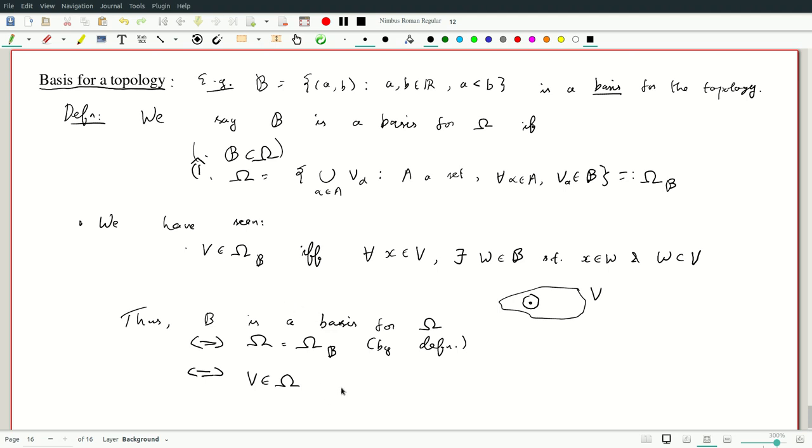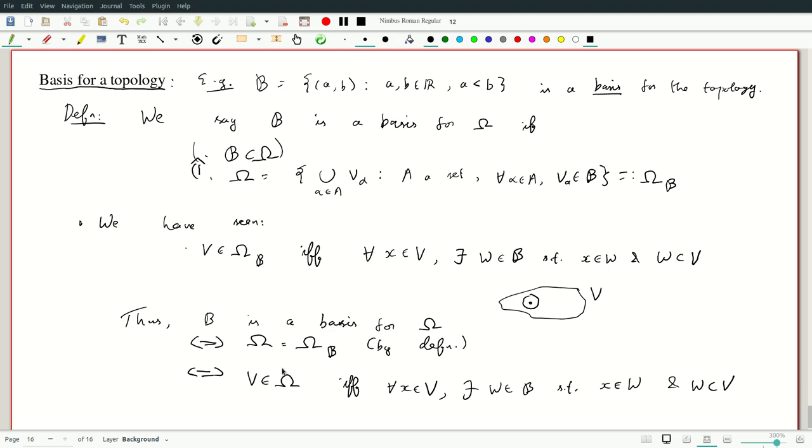Then for any open set V, we need, if and only if, for all x in V, there exists W in B such that x is in W and W is contained in V. We can get away without quantifying over collections. So this is a useful characterization and we have already proved this.